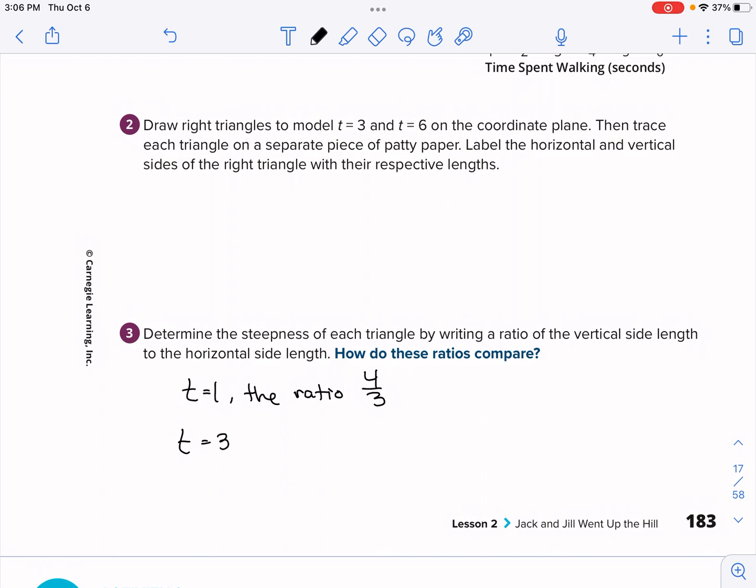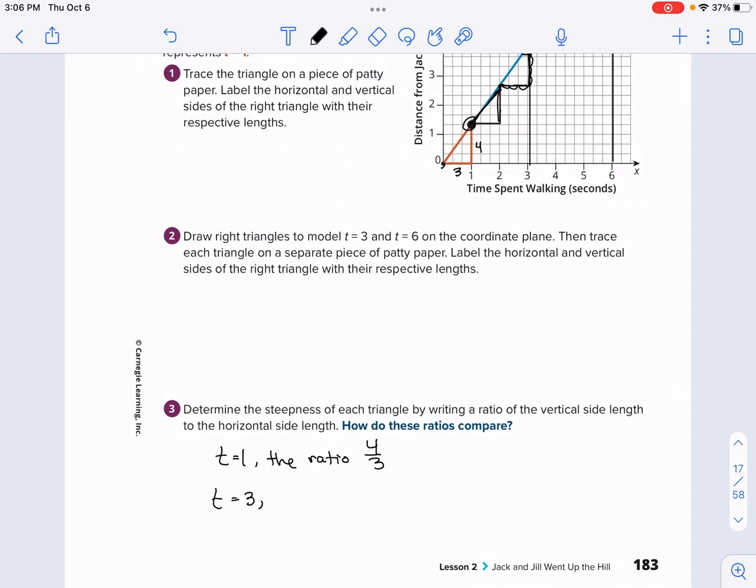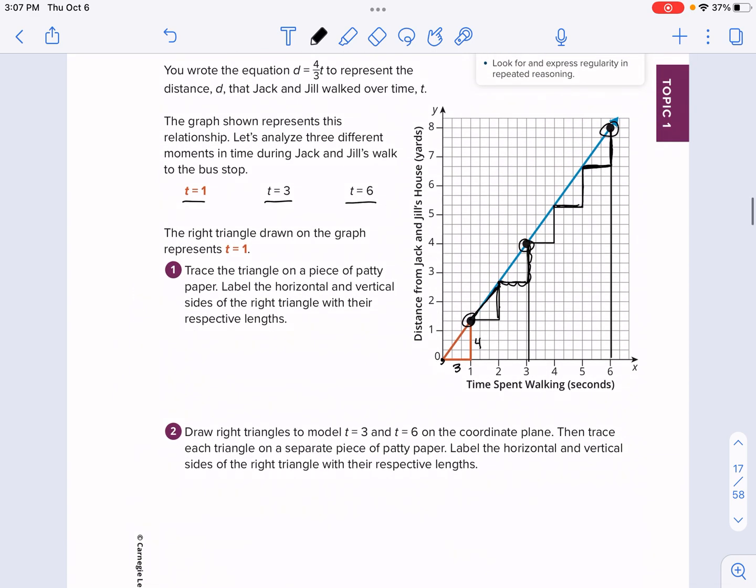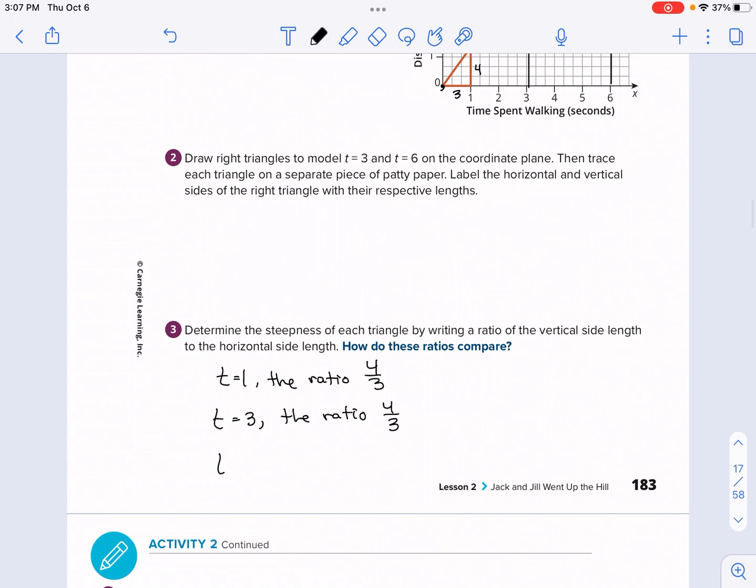When t was equal to 3. All right, when t was equal to 3, the ratio is also 4/3. Right, because we're using that same pattern here. And then last one, same thing when t was equal to 6. I'll just put 4/3 here.